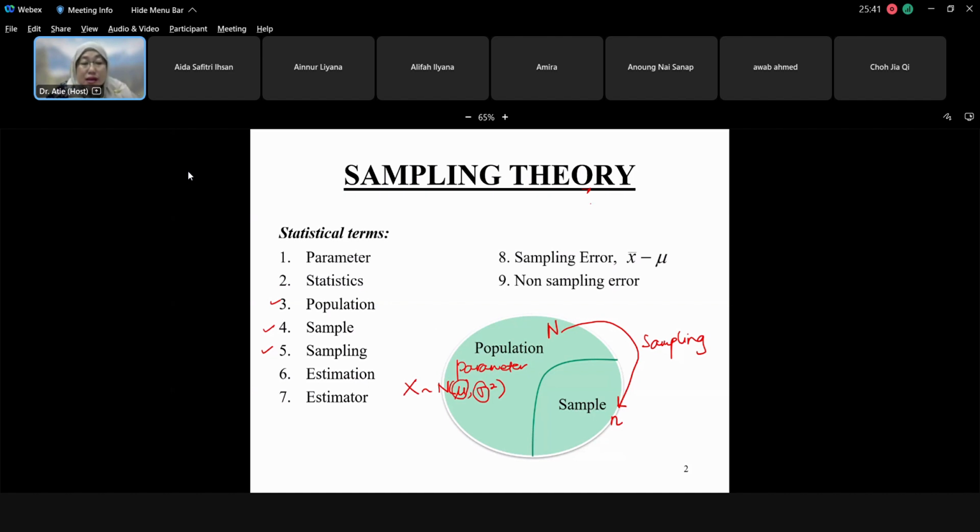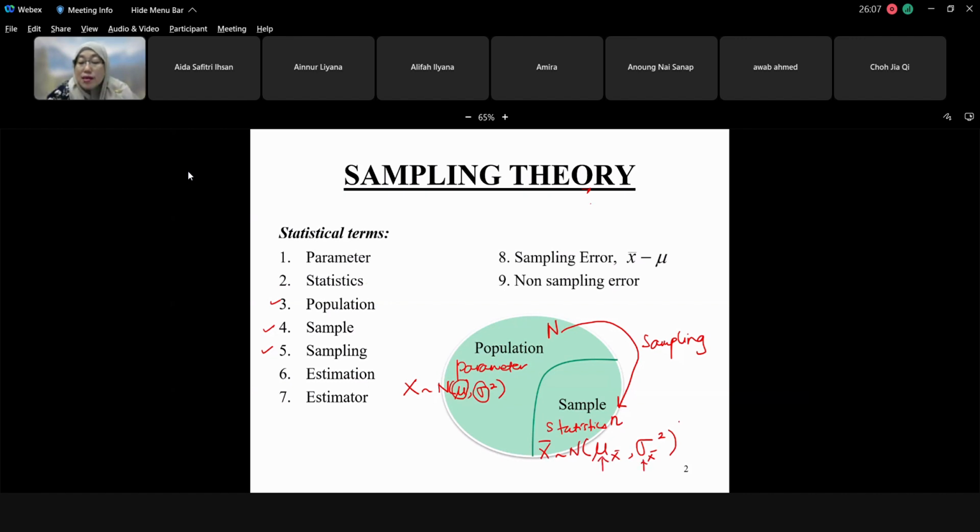And then, statistics is actually the values that we have for sample. So for example, for the distribution for the sample, we have mean for the sample, sigma for the sample square, right? So in our case, the statistics here is this one.